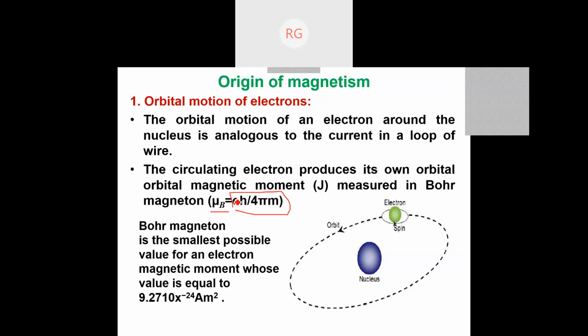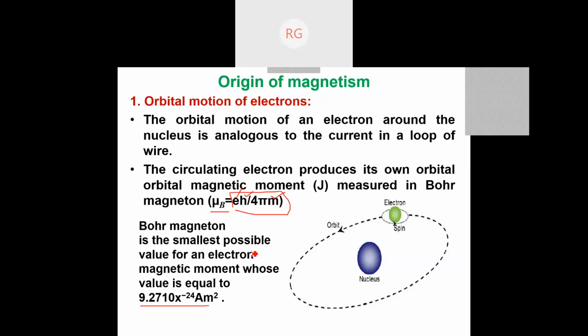If I substitute the charge of the electron, mass of the electron, and Planck's constant h, I'll get this. Therefore, the magnetic moment associated with an electron is very, very small, but however, there is a magnetism arising out of orbital motion. This is what we simply call the Bohr Magneton.